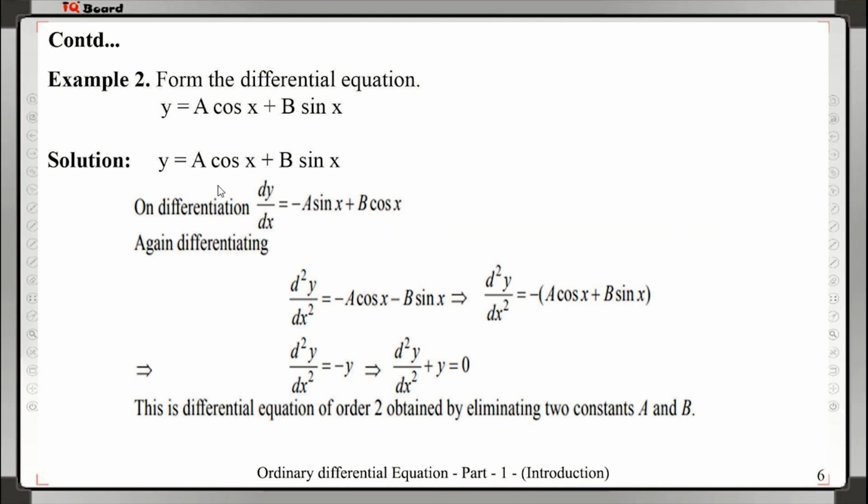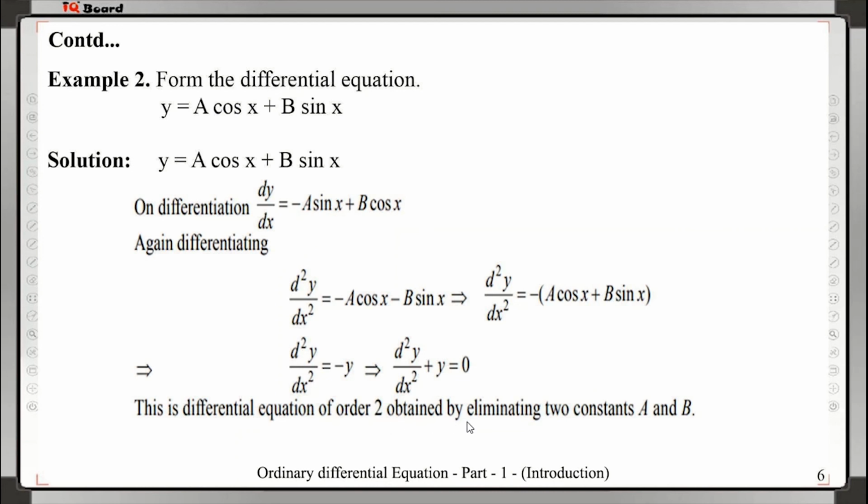Now we see that a cos x plus b sin x, that is equal to y, and we replace a cos x plus b sin x by y. So we get d2y by dx square equals to minus y, and taking y to left hand side, we get d2y by dx square plus y equals to 0 is differential equation whose order is 2 and degree is 1.